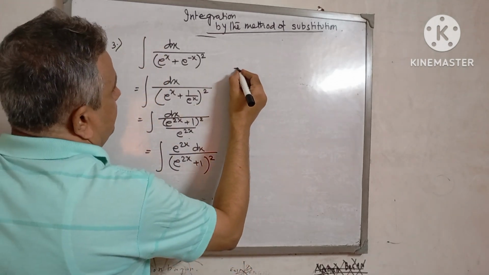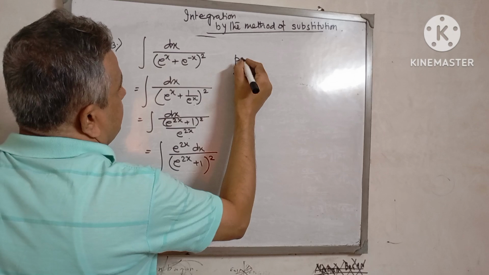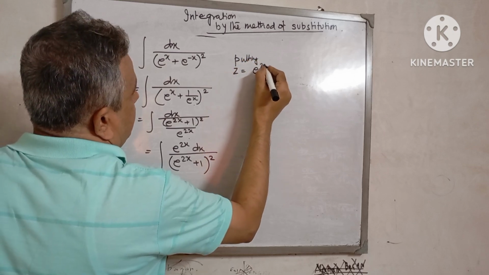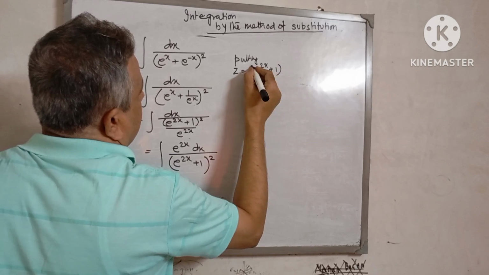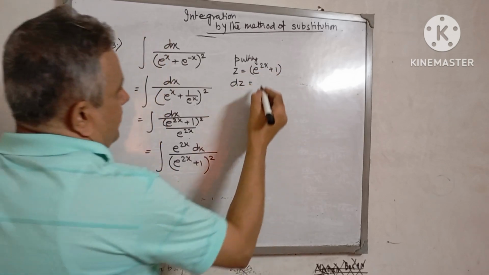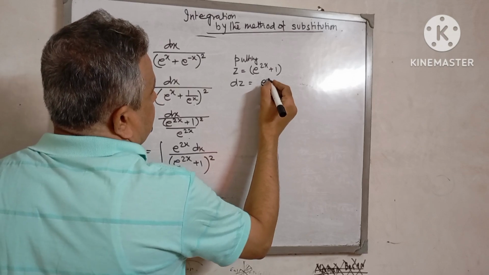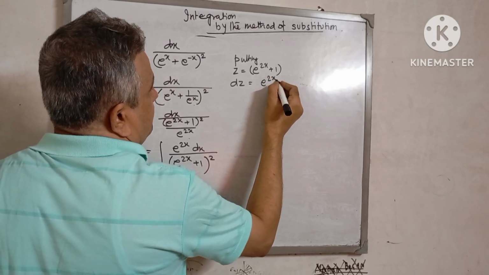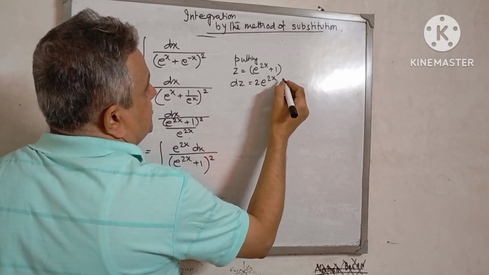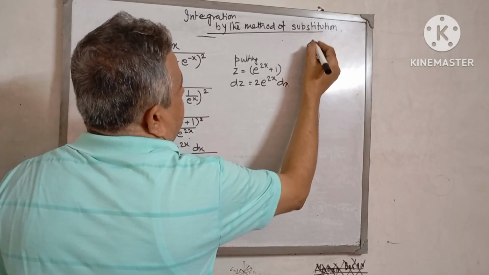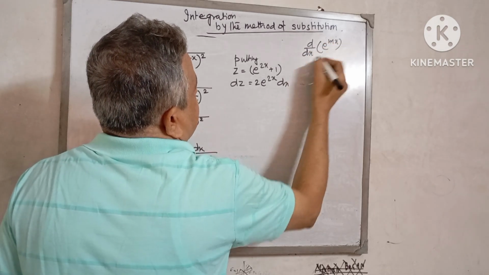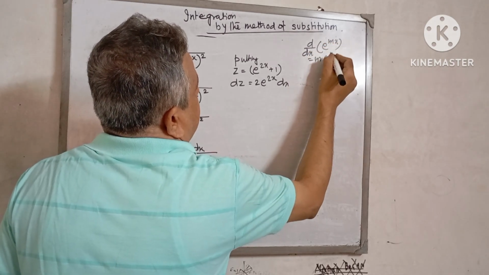Now we put z equal to e to the power 2x plus 1. So differentiating both sides, dz is equal to e to the power 2x into 2, differentiation of e to the power 2x, and differentiation of 1 is 0. d/dx of e to the power mx is m e to the power mx.